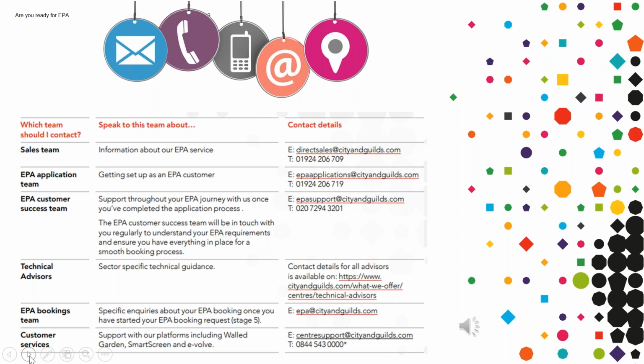The EPA booking team can be contacted using the email epa@cityguilds.com. So if you've got any queries on your actual booking and needing to confirm or alter dates, please contact that team. And for any general queries around the platforms, Walled Garden, SmartScreen and Evolve, please contact the customer service team.